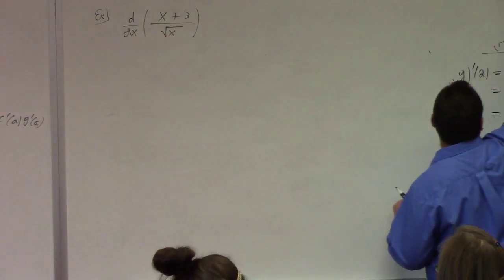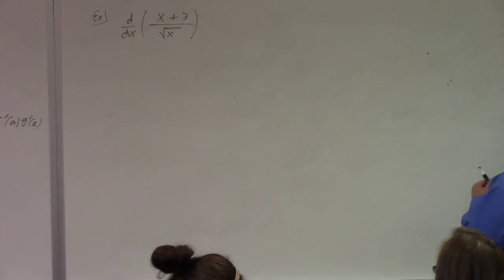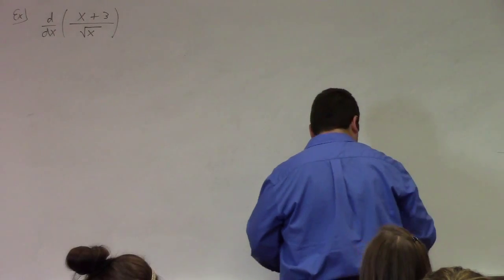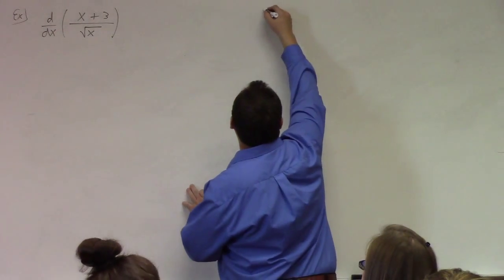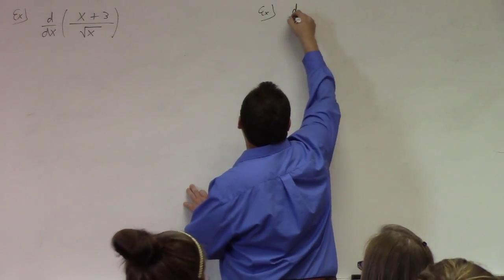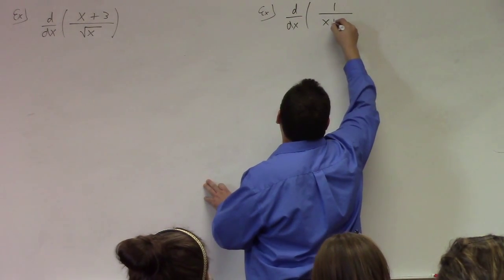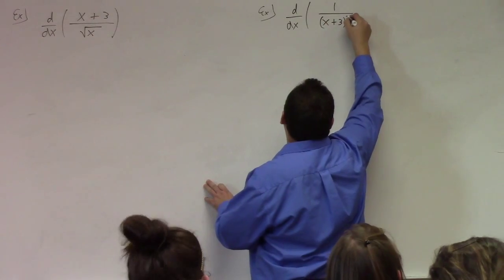I should have left that up there. Oh well. How about this one? Another example. How about the derivative with respect to x of 1 over x plus 3 quantity squared?